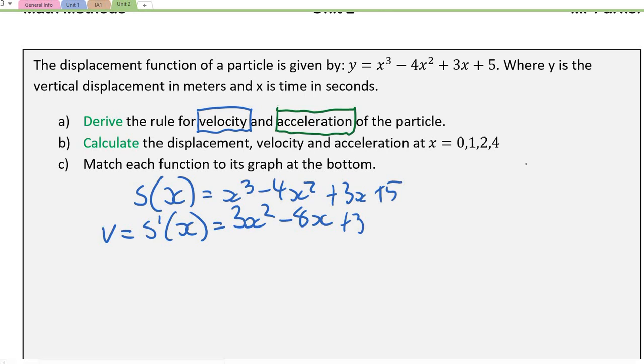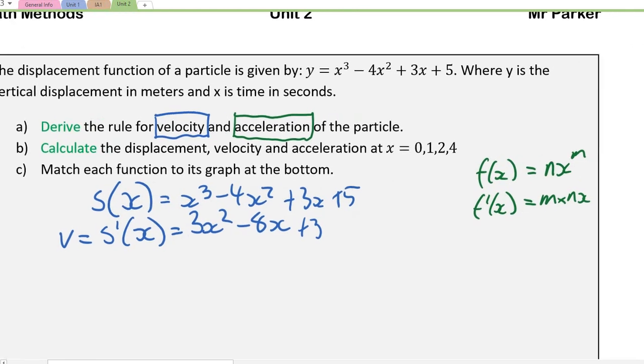So remember, if this is my function f of x equals, I don't know, n x to the m, if we're just using letters, the derivative function, so the rate of change of that original function, I take the power and I multiply it out the front, and I subtract 1 from the power.